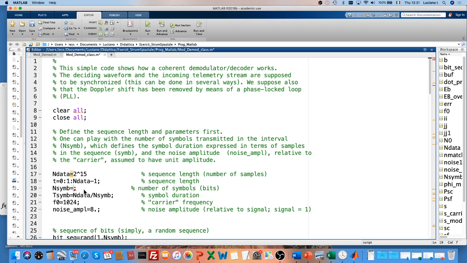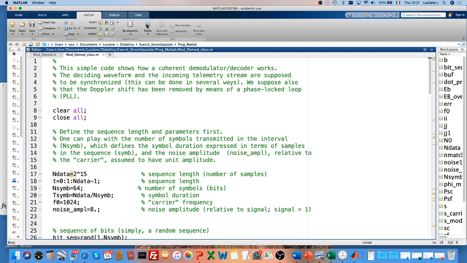And remember that the signal to noise goes like the square root of the bit duration. So here I write 64, and let us see what happens with 64.